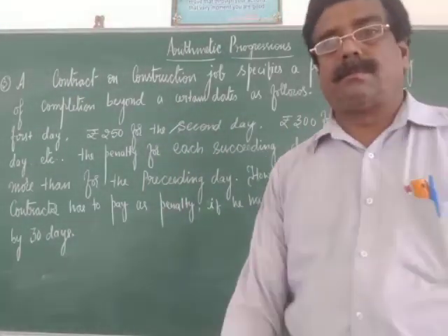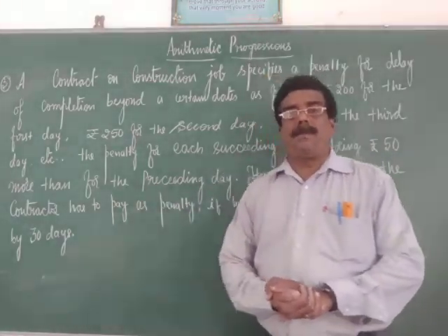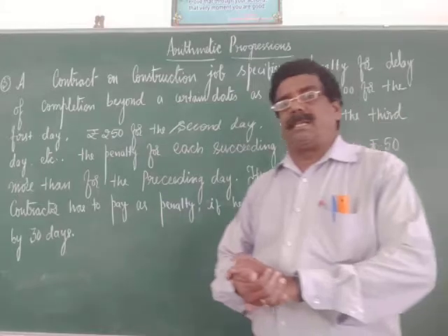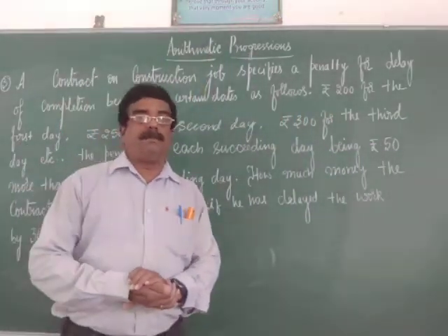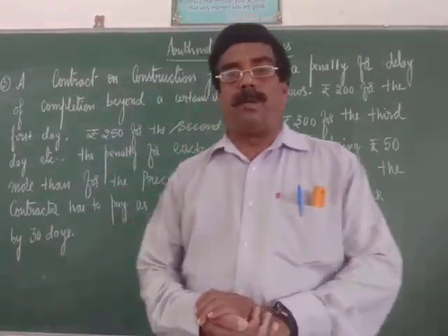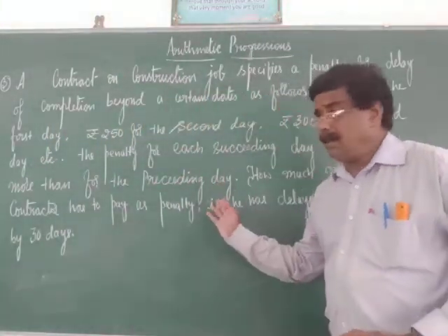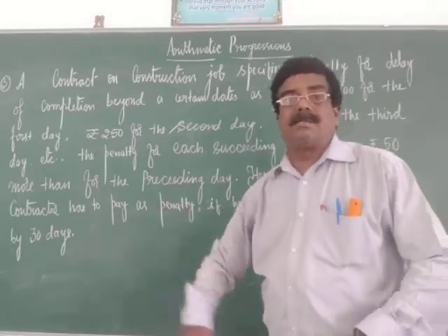Yes, children. Now the next sum is ready. You can make out by looking at the sum. It is there in the textbook again, children. Please see the textbook and write down the sum, because the sum should be perfect. Because you can see here 7 to 8 lines in the question.